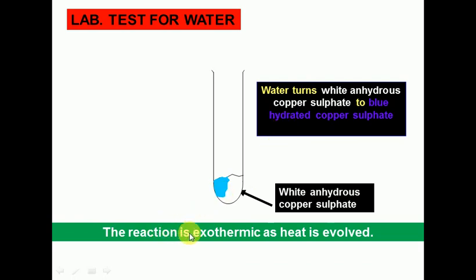The reaction is exothermic as heat is evolved during dissolution. So, if the test tube becomes hot after performing this test, we also conclude that the liquid to be tested is water.